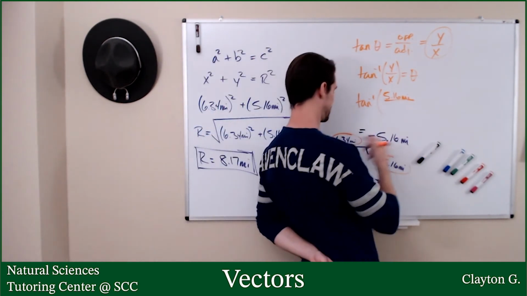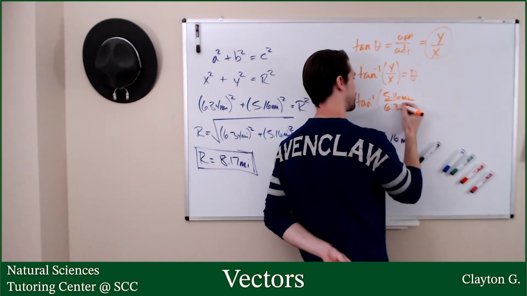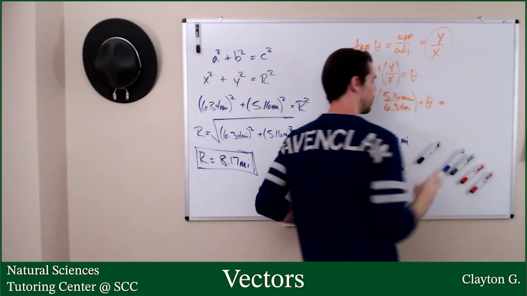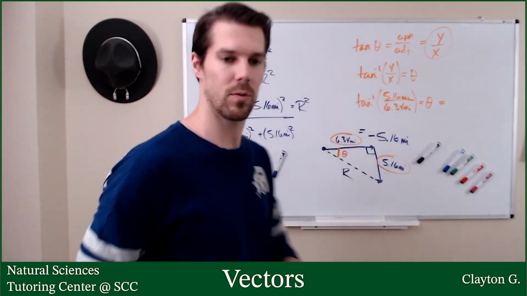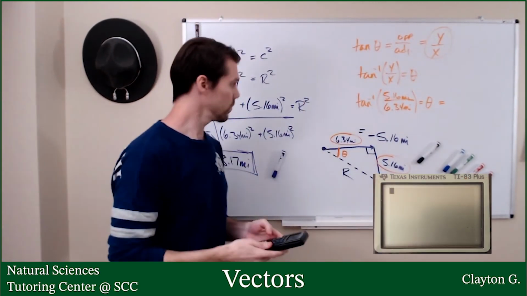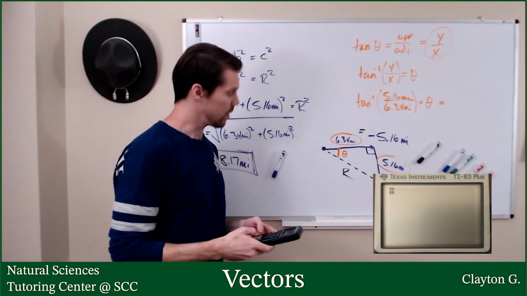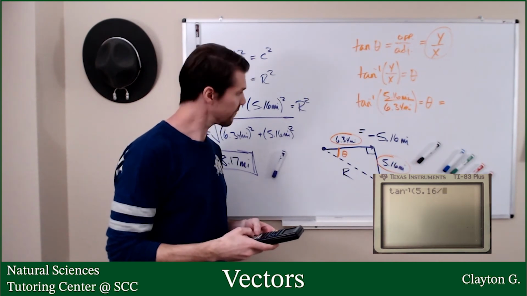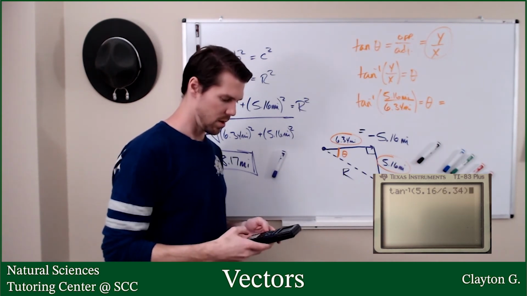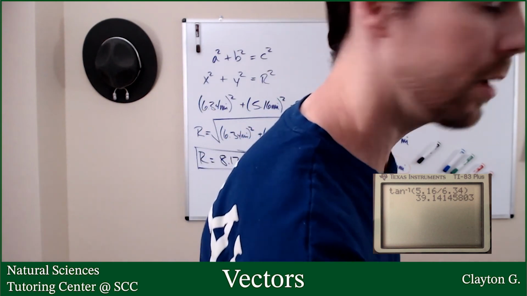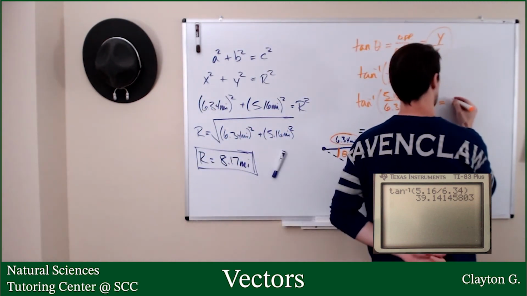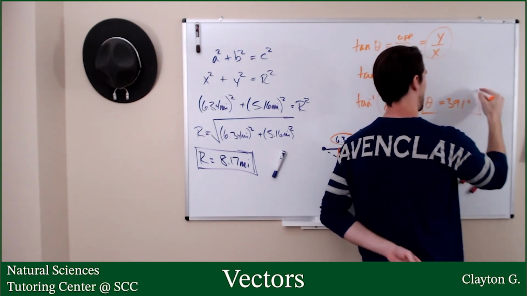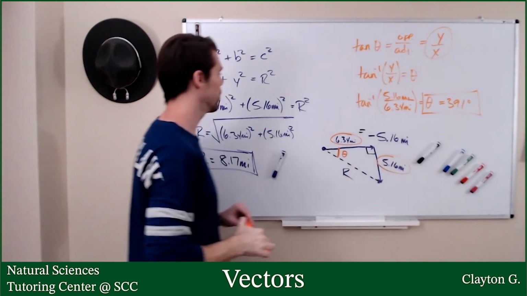So 5.16 miles over 6.34 miles equals theta, and that equals, once again, time for a little calculator work here. Inverse tangent of 5.16 divided by 6.34, opposite over adjacent, 39.1 degrees. Okay, so now we have theta, our angle.